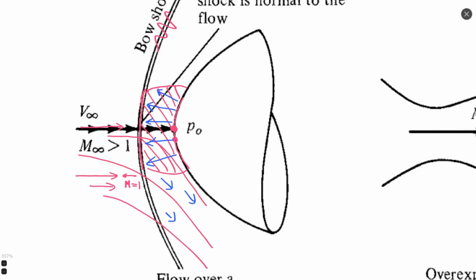Mainly because, for example, if we see Mach number changing before and after the shock wave, it's a horizontal line here. It's supersonic at this point and subsonic at this point. We cannot say that somewhere in the middle we have Mach 1.